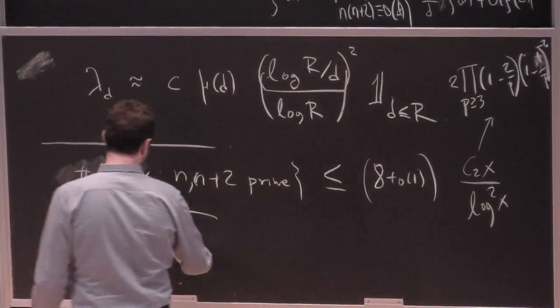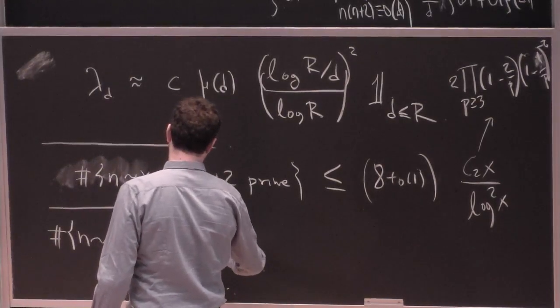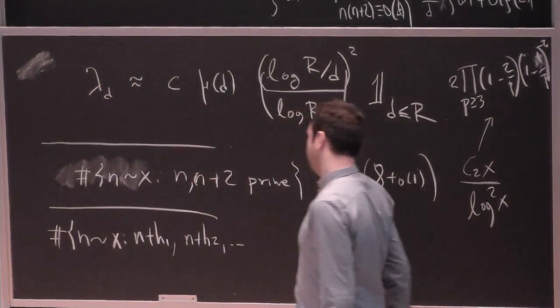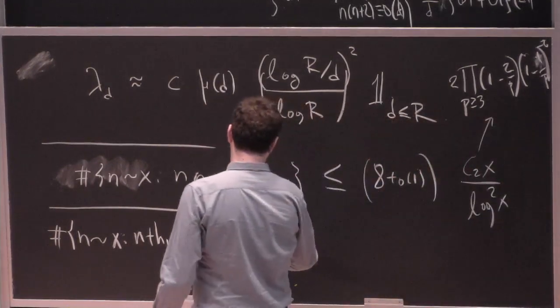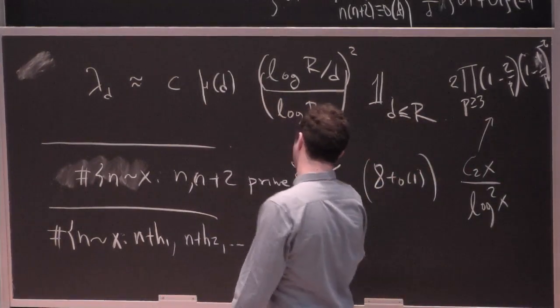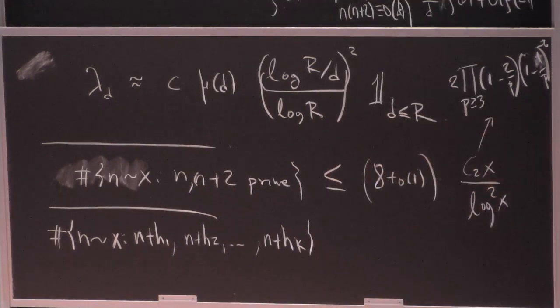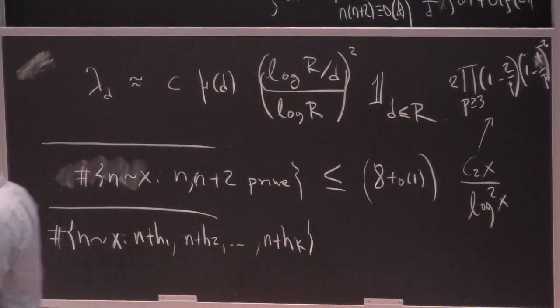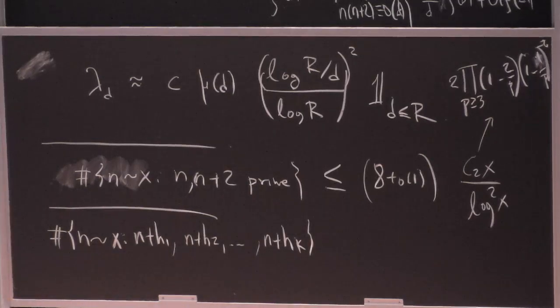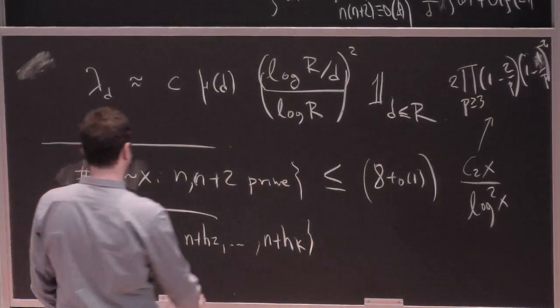One can ask more generally, what if I want to detect larger patterns of primes? Say I want to take a k-tuple h1 up to hk, and I want to detect how often all these quantities n plus h1 up to n plus hk are simultaneously prime.